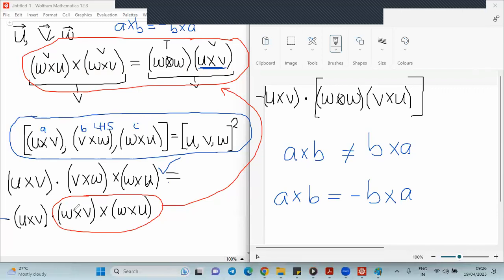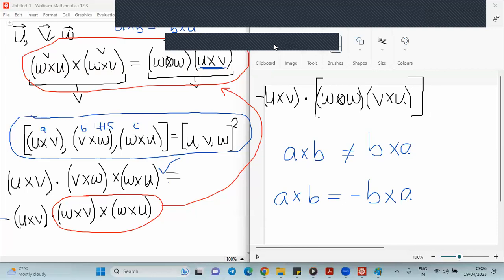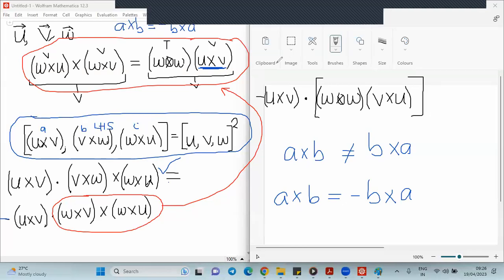If they tell us, let's say, sine squared theta plus cos squared theta is equal to 1, prove that something is equal to something, you're going to have to follow certain steps and know certain rules to get from point A, the left-hand side, to the right-hand side. So these are some of the rules. For example, when you have a triple dot product, the dot and the cross are interchangeable.